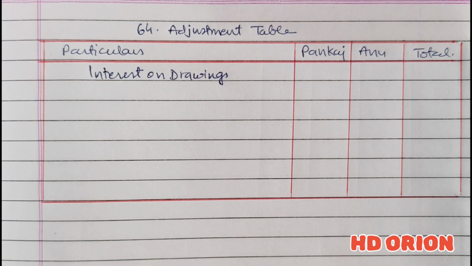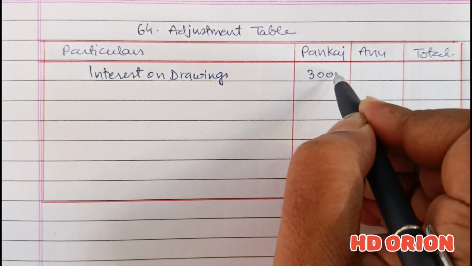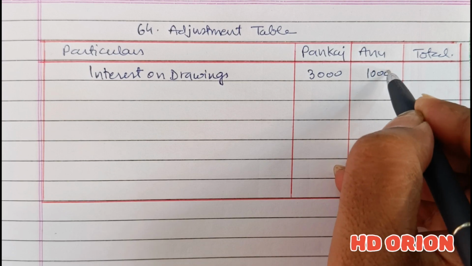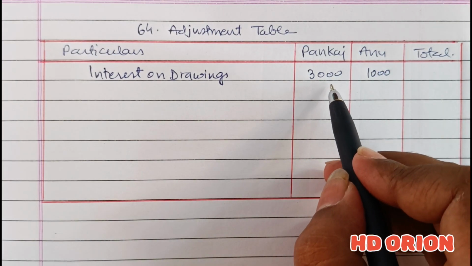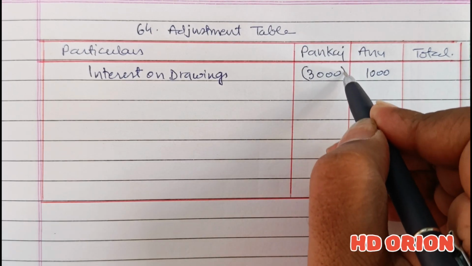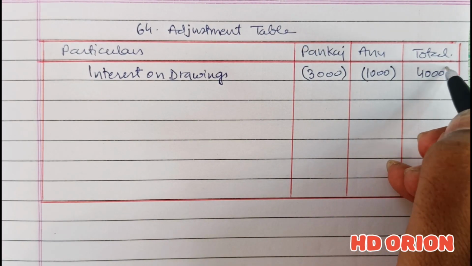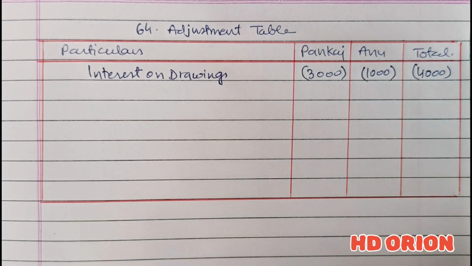So interest on drawings is to be received from the partners by the firm, and the amount is rupees 3000 and rupees 1000. Because it is to be received from the partners, it is a minus figure to the partners. So 4000 rupees income has not been received by the firm from the partners.